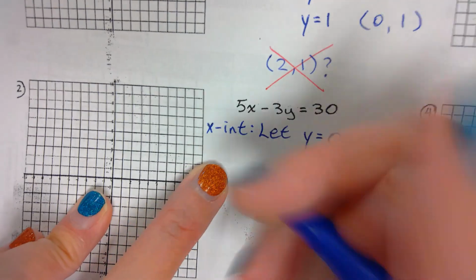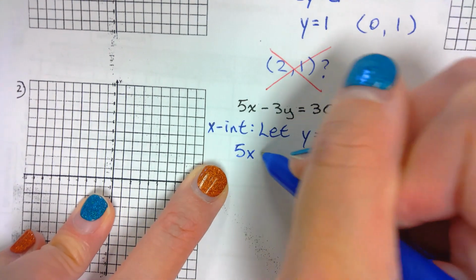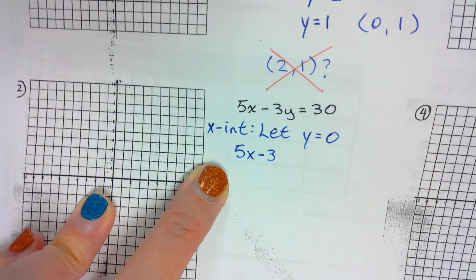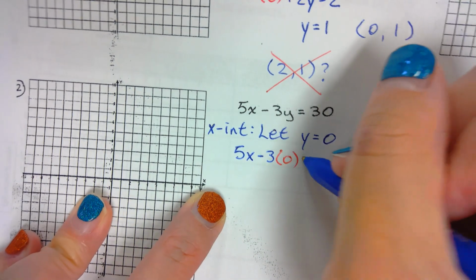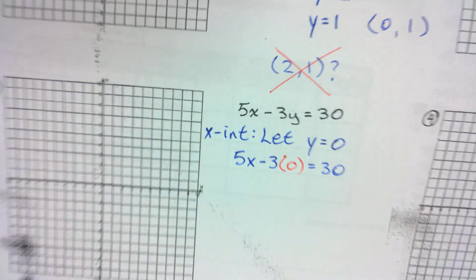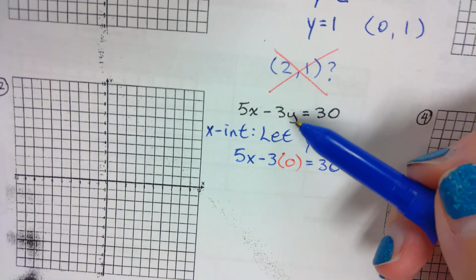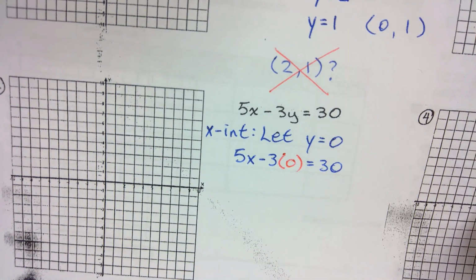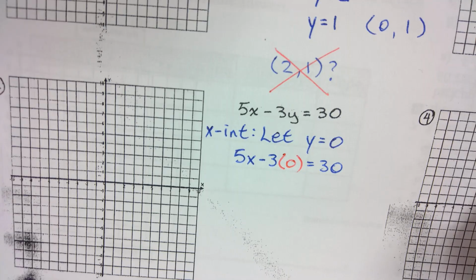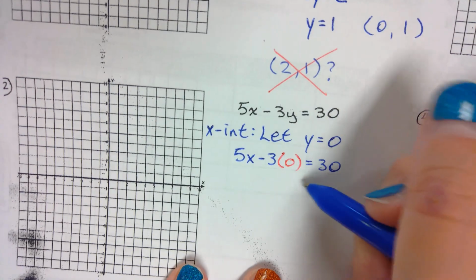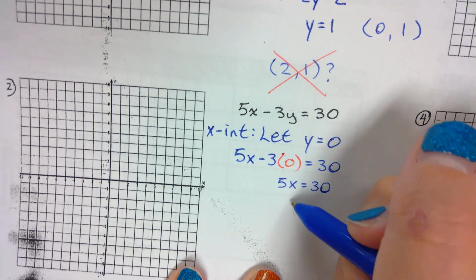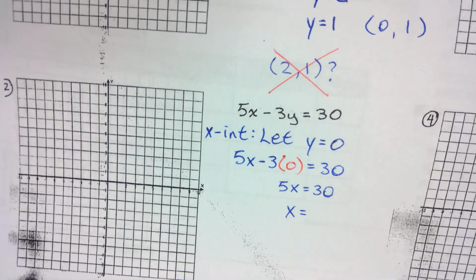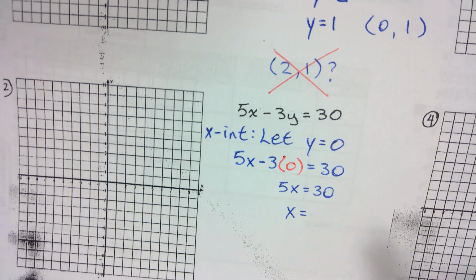Okay. So I'm going to substitute the y with a 0 right here. So I'm replacing the y with a 0. Anything times 0, that's gone. So what am I left with? I'm left with 5x equals 30. Okay, are you good with mental math?